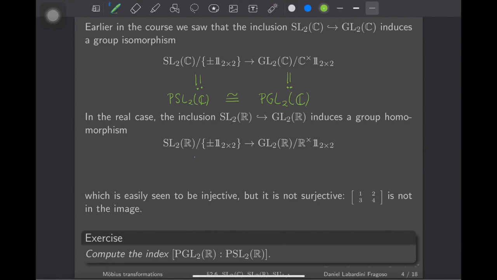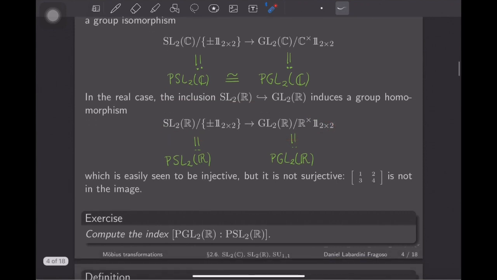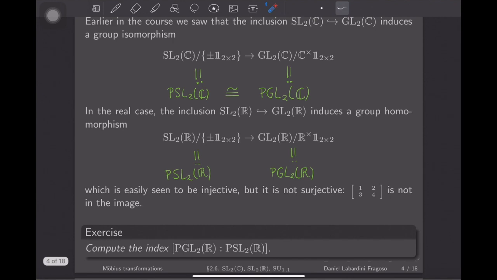Here again, this is PSL2R, just by definition, and this is PGL2R. Right, and one can see that it's still injective. This I leave as an exercise. So this is still an injective group homomorphism, but it is not surjective.